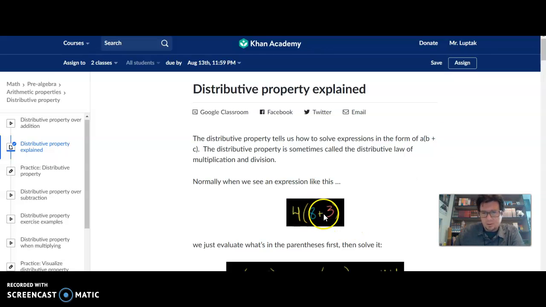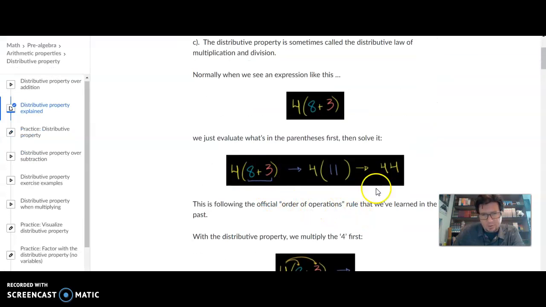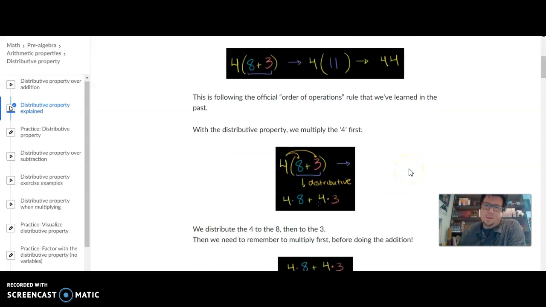So 8 plus 3 multiplied by 4. 8 plus 3 is 11, so 4 times 11 is going to be 44, as this shows. 4 times 8 plus 3 equals 4 times 11 equals 44. So that's the order of operations and how we know it, because we know you do the parentheses first.